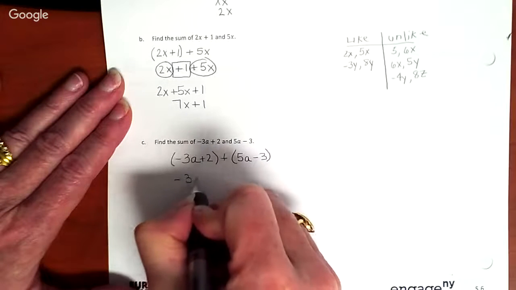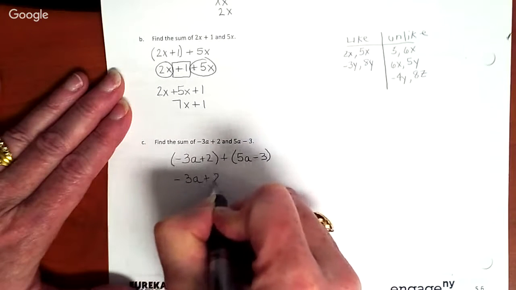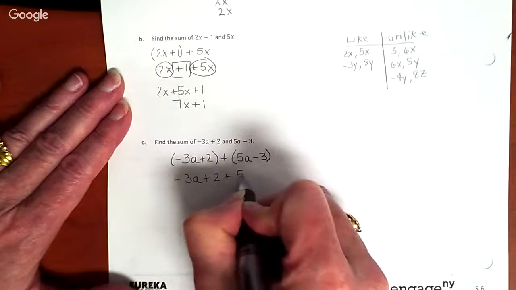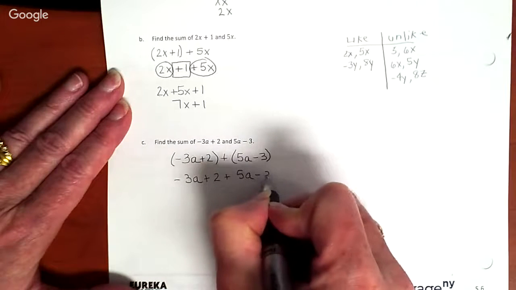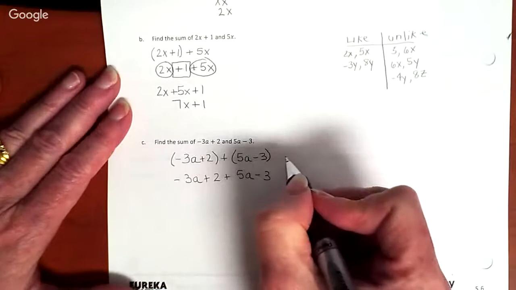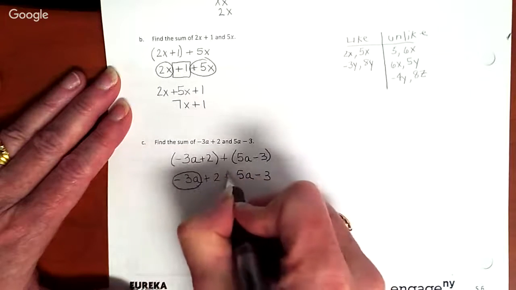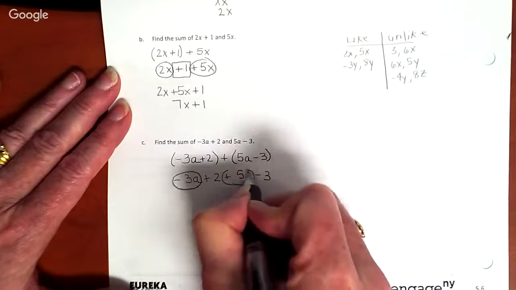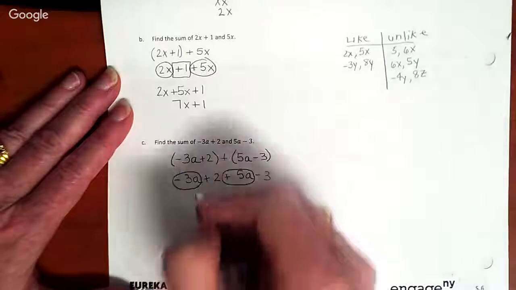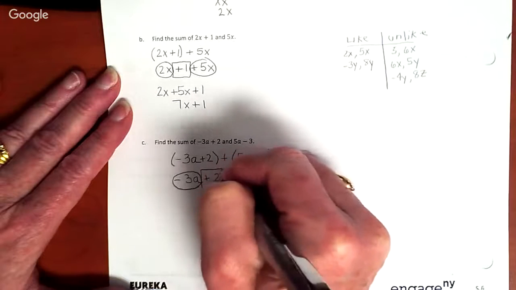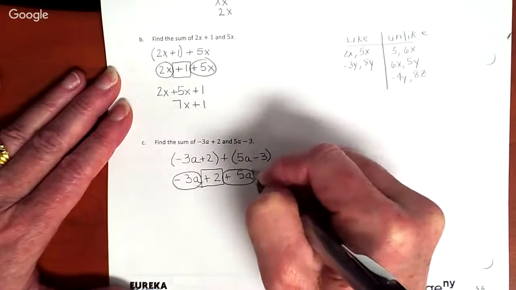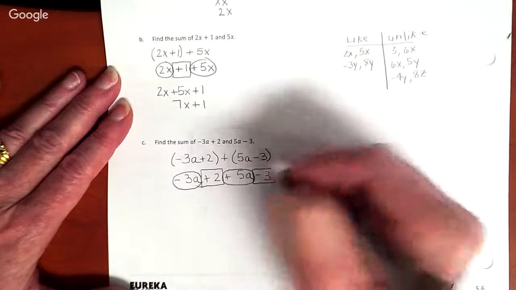So negative 3a plus 2 plus 5a minus 3. So again, I'm going to circle what I have. I have negative 3a. Your sign goes with your number, 5a. Next, I'm going to box my plus 2 and minus 3.